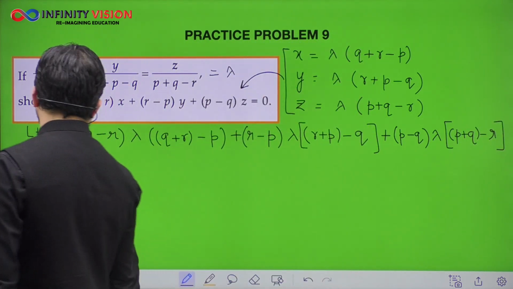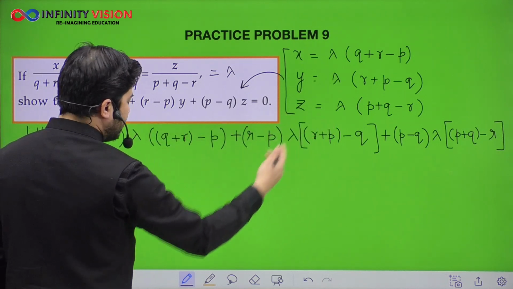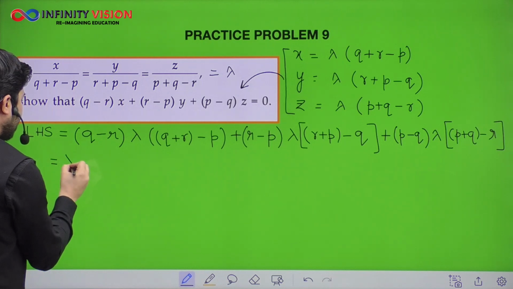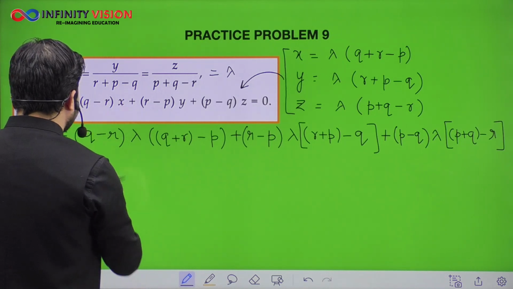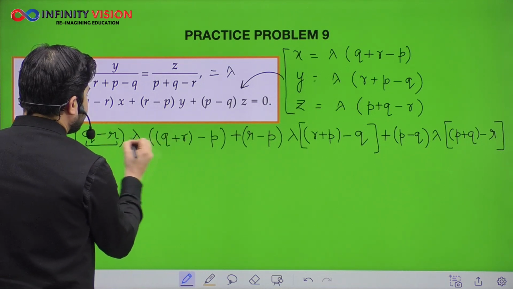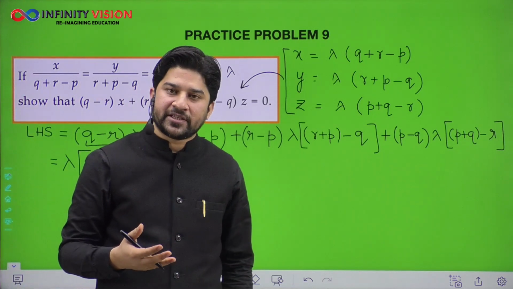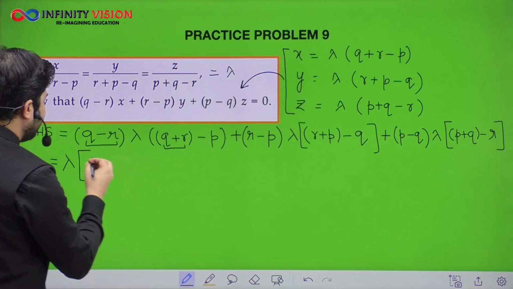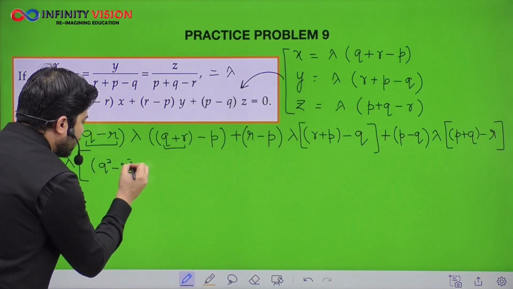Now, if you notice, you have lambda as common in all the three terms, so you will take lambda as common, and then you will observe the first term. The first term is q minus r into q plus r. And you know what is a plus b into a minus b? That is a square minus b square. So I can directly write q square minus r square.